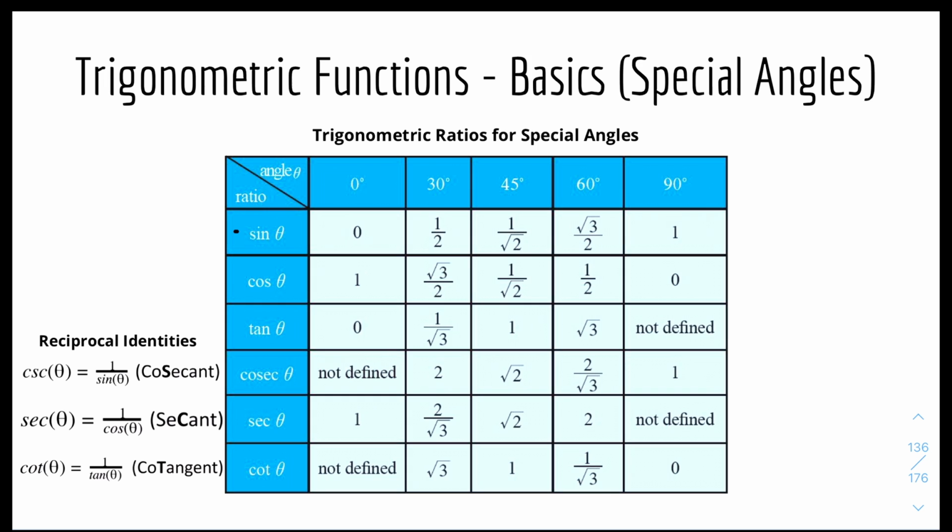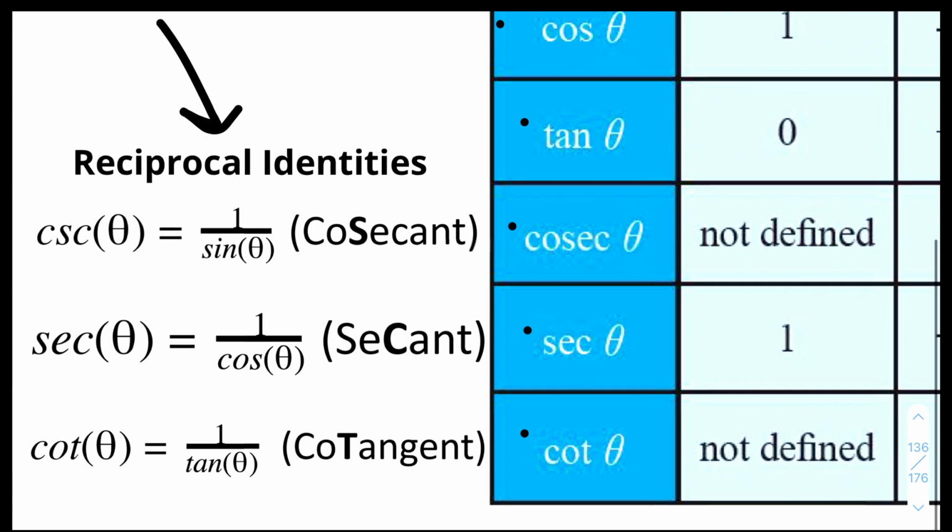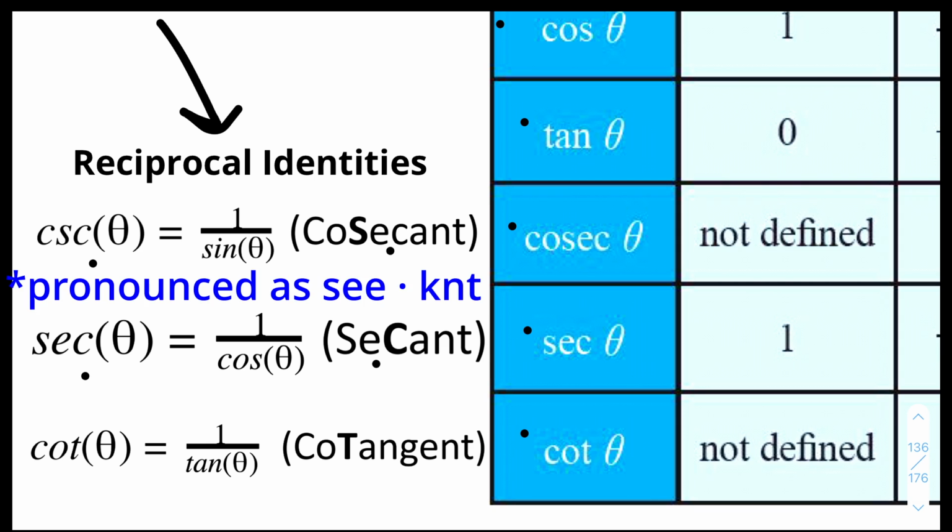Then we have some special angles for trig functions and trig ratios. So we have sine theta, cos theta, and tan theta. And here we have three new ones, called the reciprocal identities. Cosecant theta, or cosec theta, is equal to 1 over sine theta. Secant theta, or sec theta, is equal to 1 over cos theta.